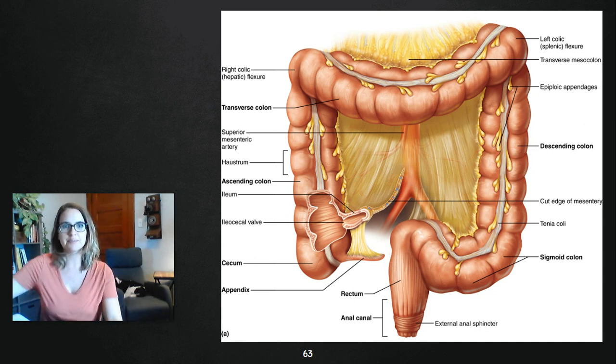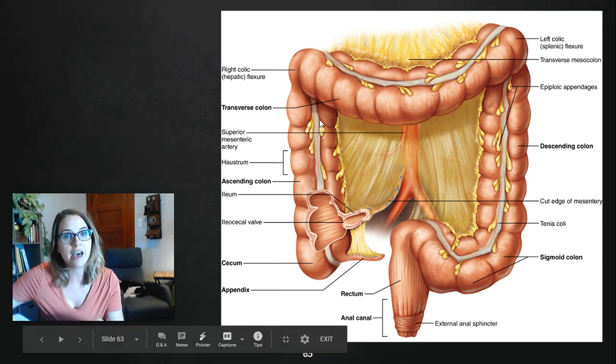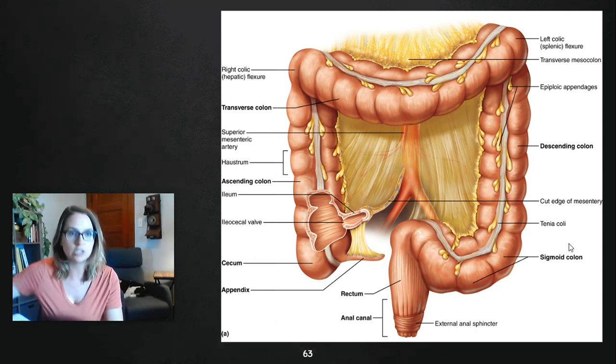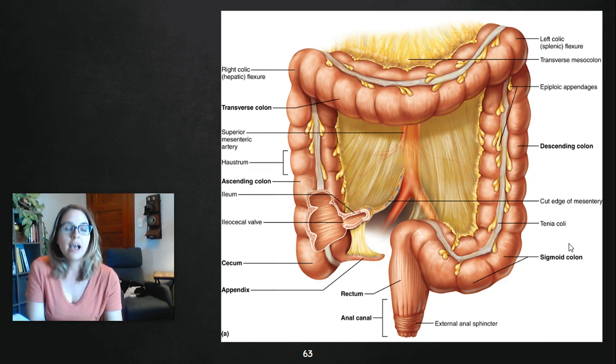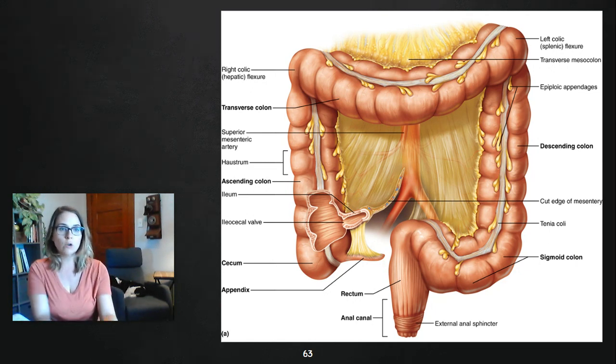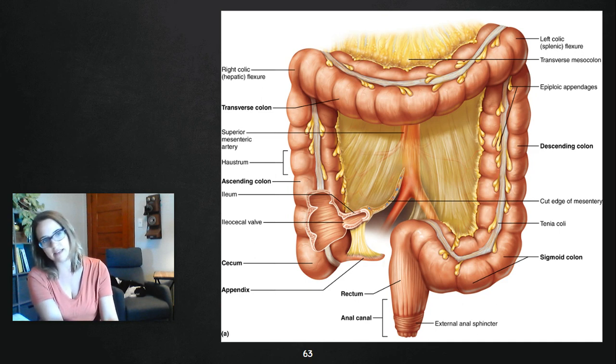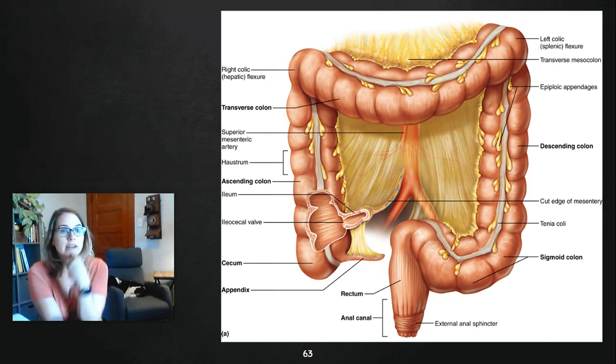All right. The other important thing I already mentioned is that there's bacteria in here, tons of good bacteria, and they can digest the things that you can't. So things that we don't make enzymes for to break down, the gut bacteria break all that down for you. And it's important that you have healthy gut bacteria.